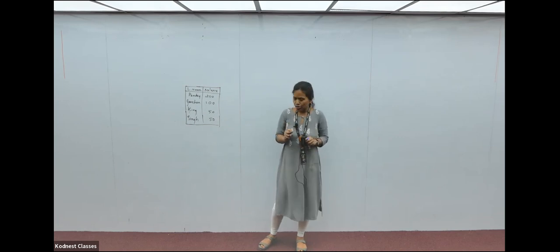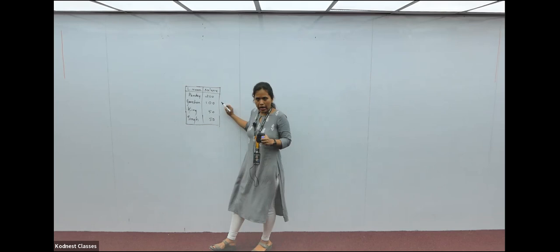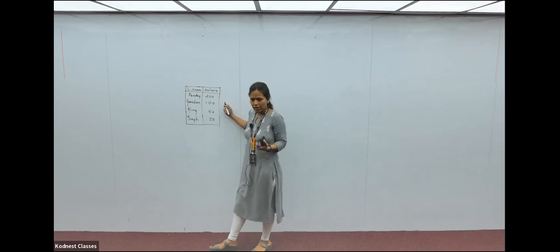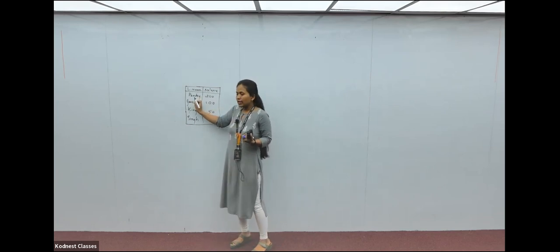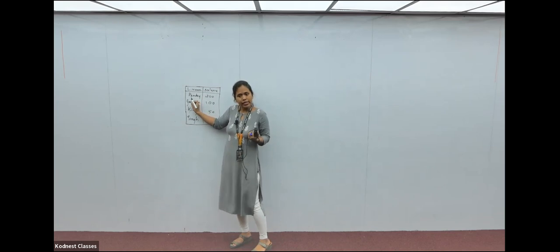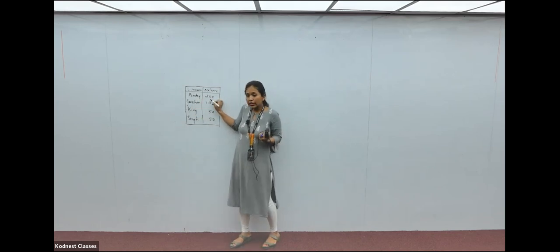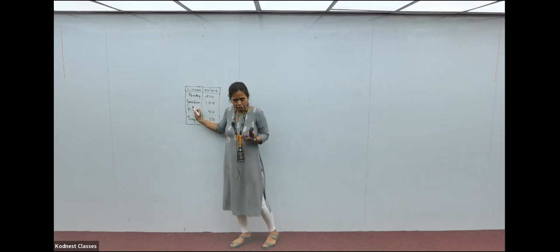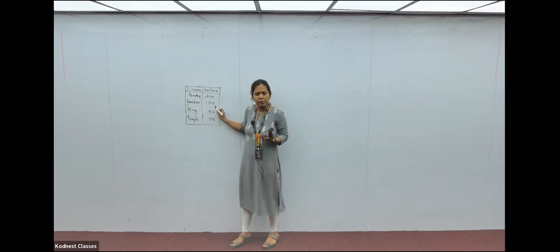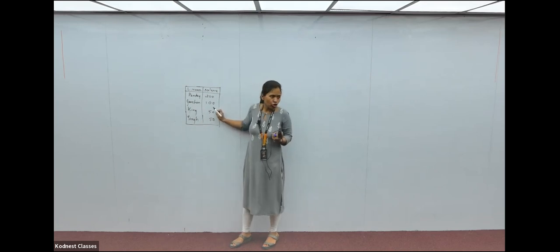Now, dear students, what I really want to display is this: if the last name is Pandey, display 35% of his salary. That is what they've asked. And if the last name is Ganeshan, then display 10% of his salary.